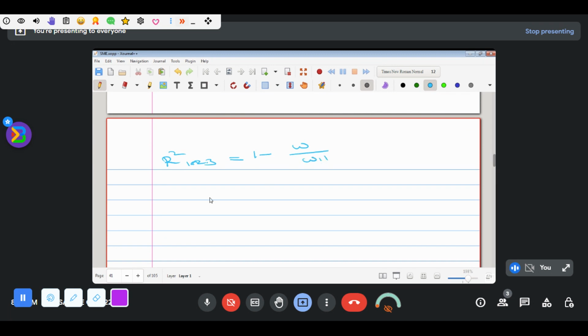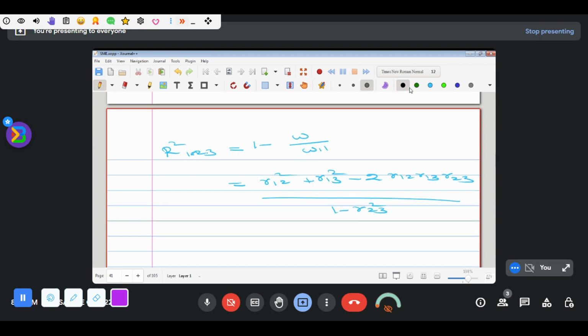The end result you know, that is equal to R12 squared plus R13 squared minus 2 times R12 R13 R23, divided by 1 minus R23 squared.